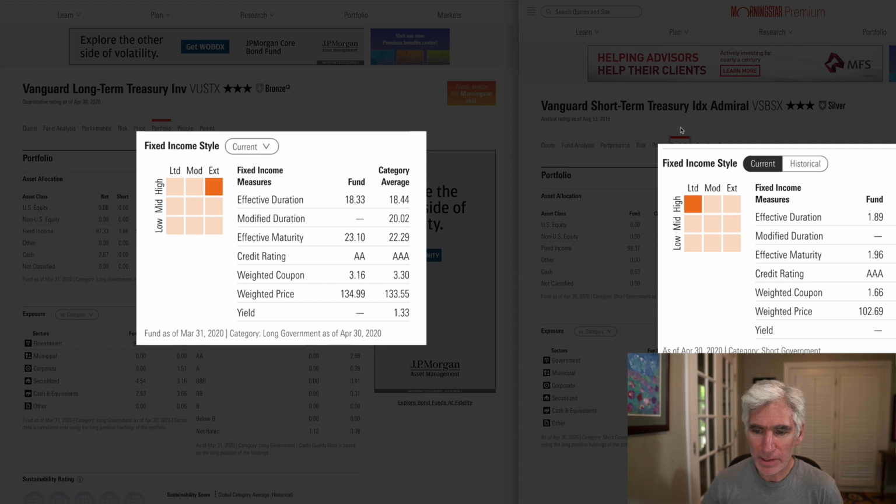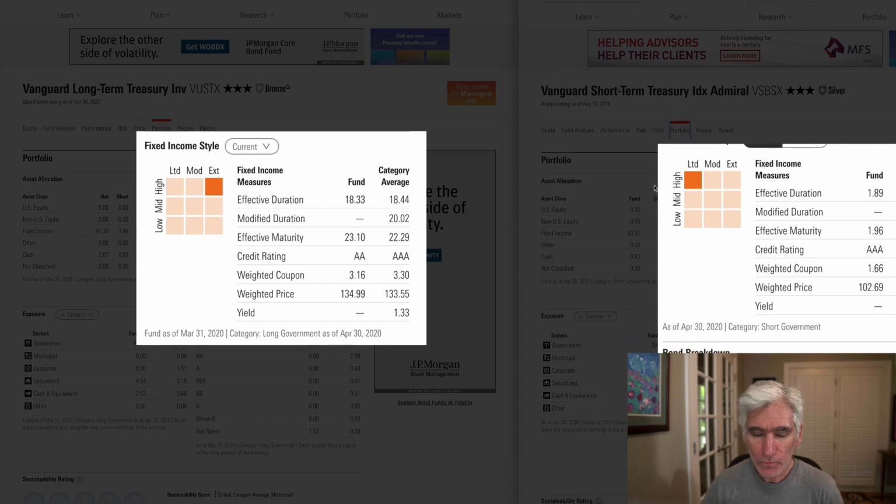So what does that mean in practical terms? Well, we can use something called the effective duration, and you can see it here. It's 18.33 for the long-term Treasury fund, and it's much different, 1.89, for the short-term Treasury fund. That number pretty much tells us everything we need to know about interest rate sensitivity, and here's how duration works.